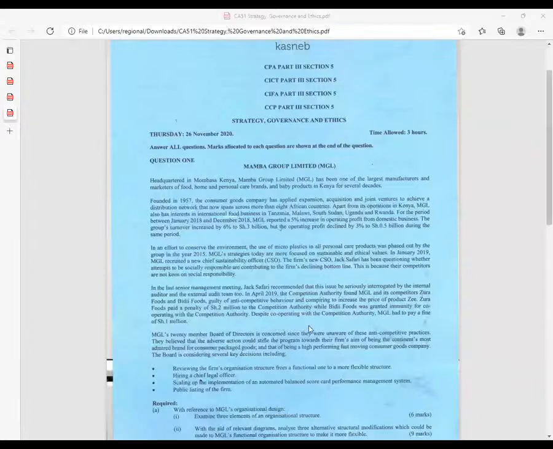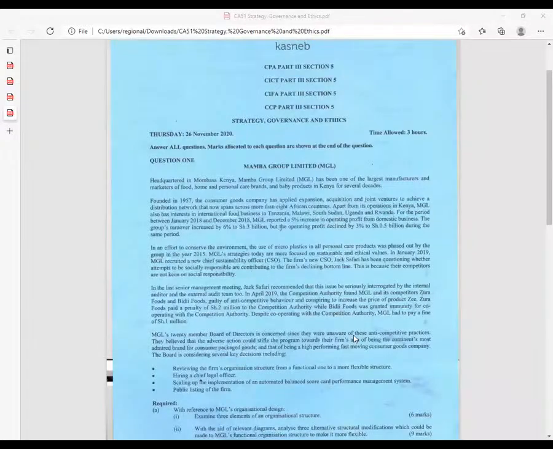Despite cooperating with the competition authority, Mamba had to pay a fine of 1 million. Mamba's 20-member board, which is so big, is concerned since they were unaware of these anti-competitive practices.